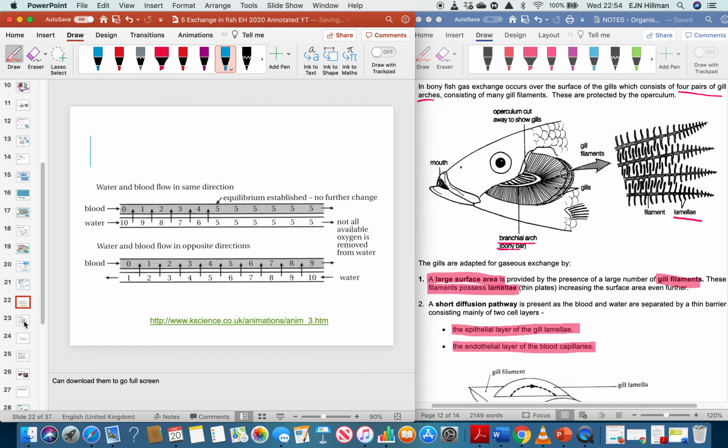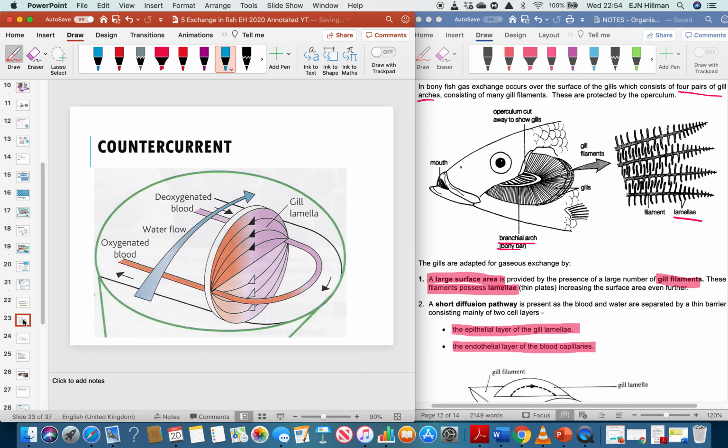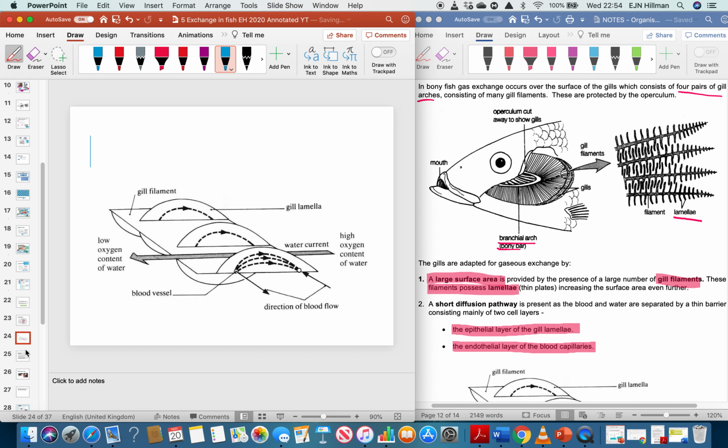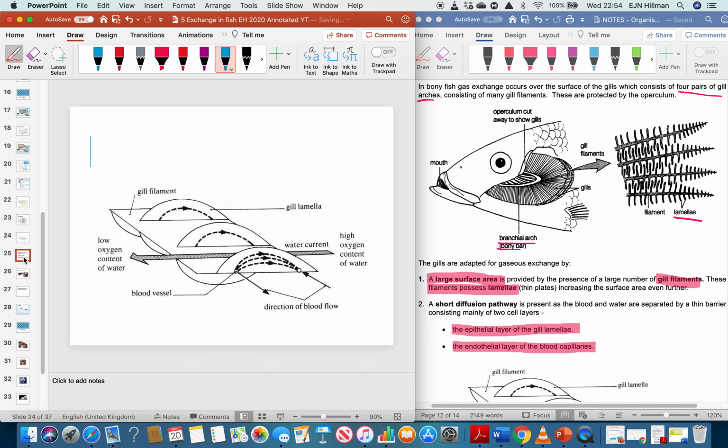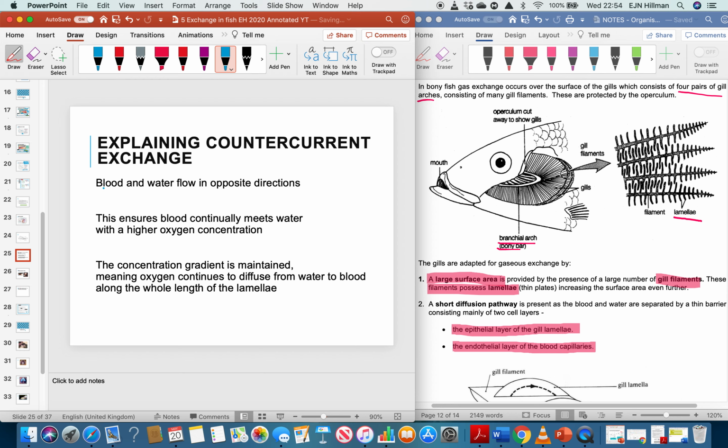Okey-doke. You've got that diagram in your notes. You've got that diagram as well, and I think you might even have this one. So here are those 3 points again. Number one, blood and water flow in opposite directions. Number two, this ensures blood continually meets water with a higher oxygen concentration. Number three, the concentration gradient is maintained.